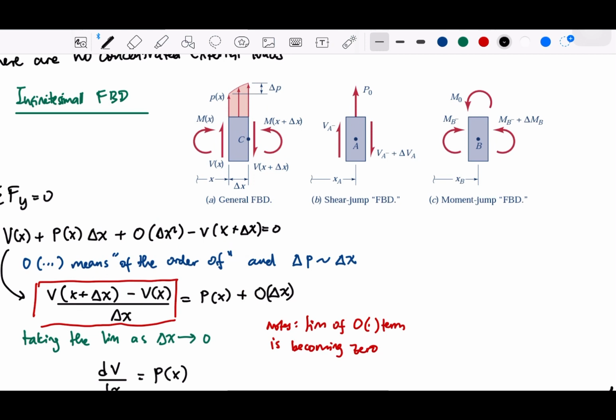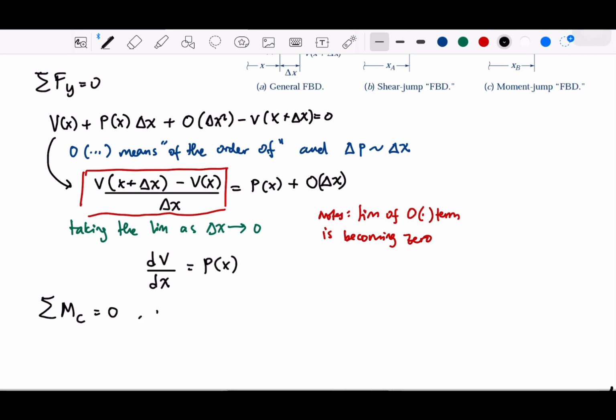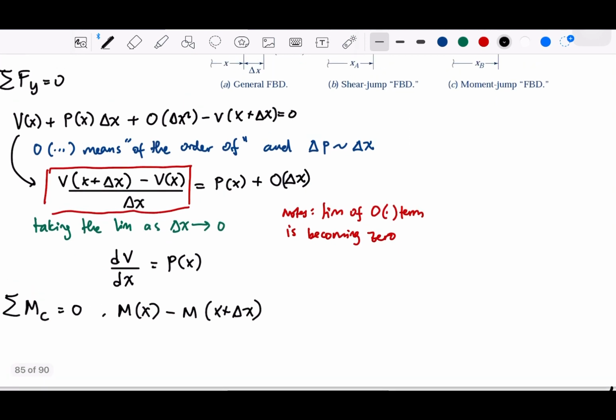And from this section here, we are going to see that this is going to be Mx minus Mx plus delta x, and we compute the other components using the P and V, so plus Px delta x squared over 2, and then plus O delta P delta x squared plus Vx delta x equals 0.